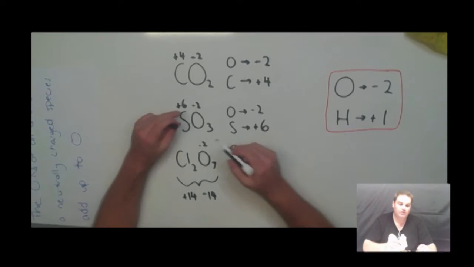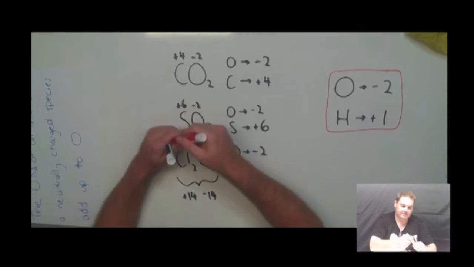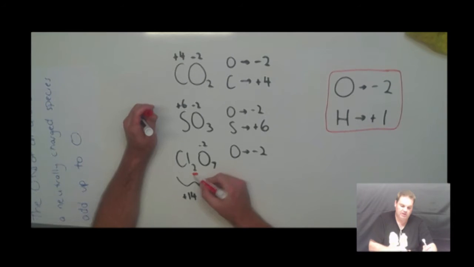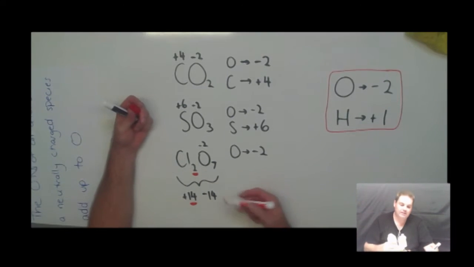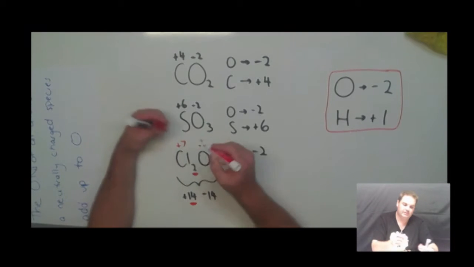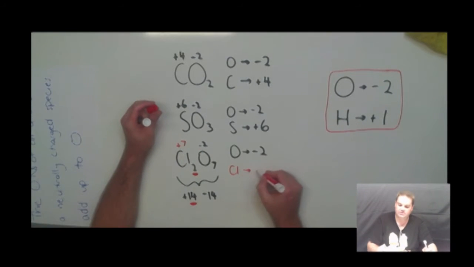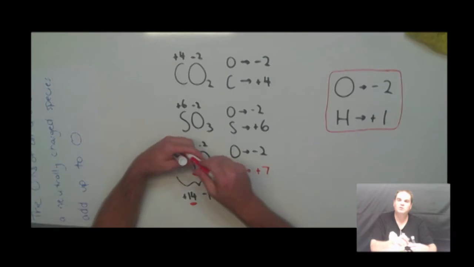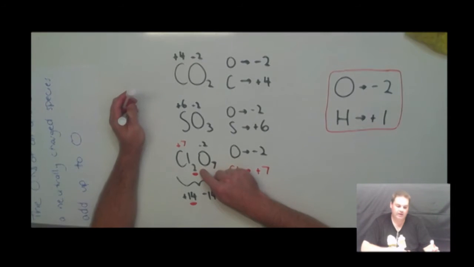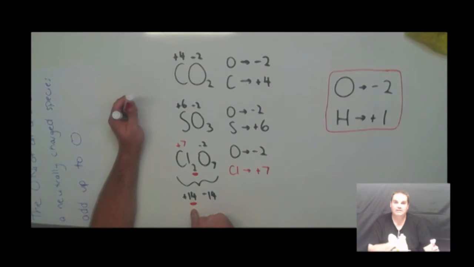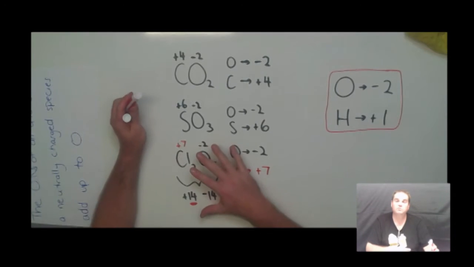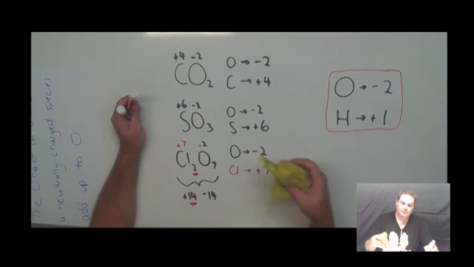However, what we've got is 2 chlorine atoms here, and we've got +14 in total. So what we need is 2 lots of +7. So in this case, the chlorine has an oxidation number of +7. So we just divided the number of atoms that we had by the overall oxidation number we need to get to. Still cancels out, so it's all 0. Okay, so that one's pretty straightforward.